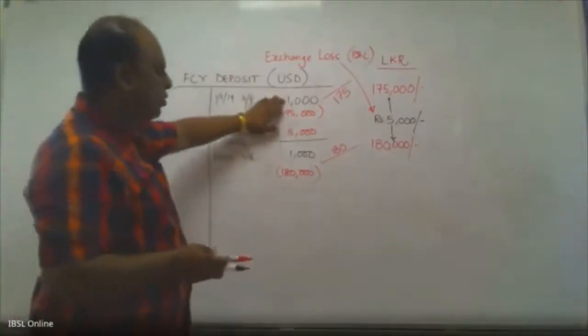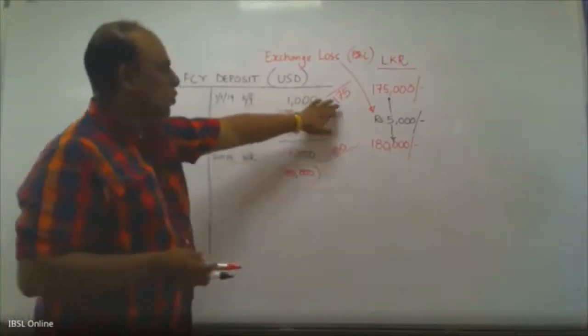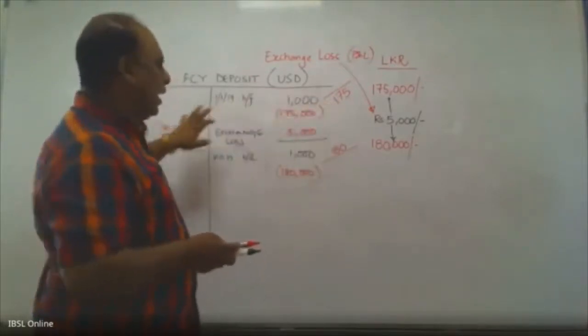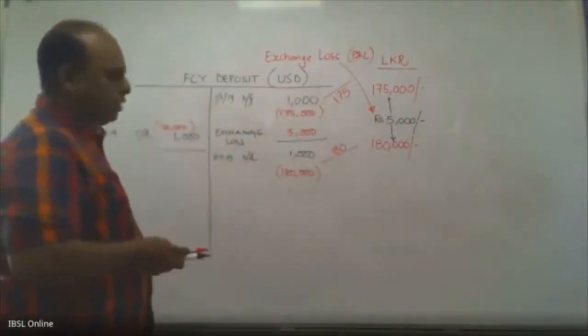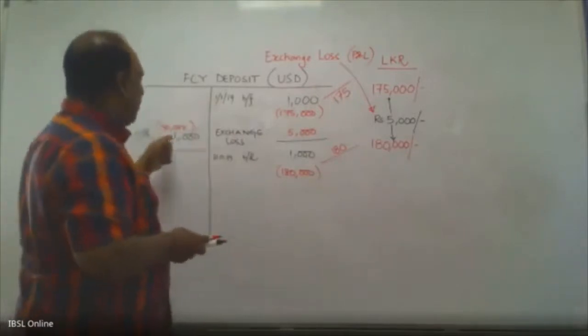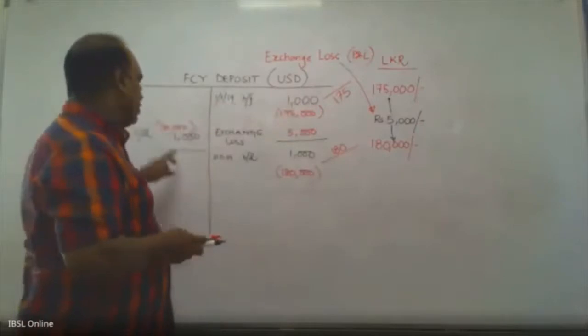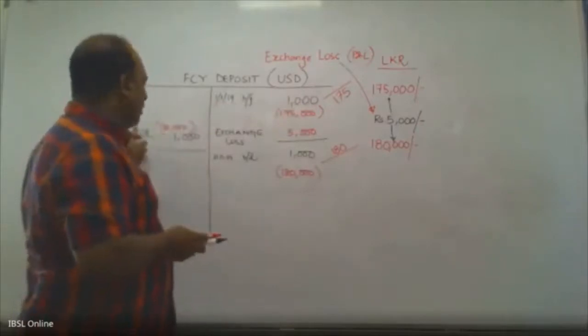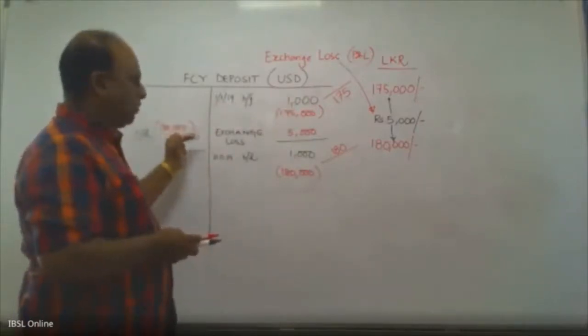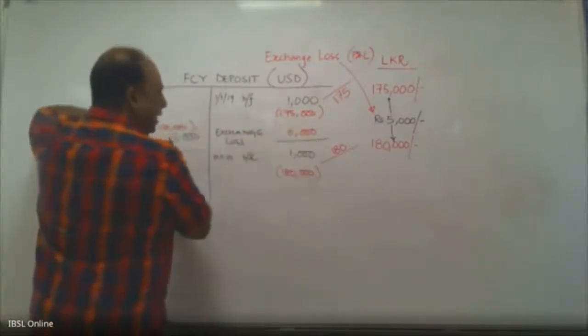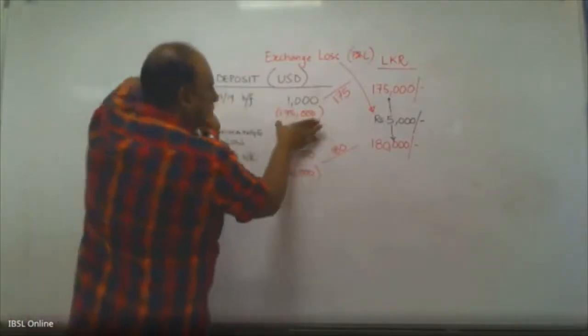That is how it arises. Brought forward is $1,000, so 175 means 175,000. At the year end also it is $1,000, the same amount, but the dollar rate has changed. It has gone up to 180, so I have 180,000 here. When I want to balance at this level, this side 180, but this side only 175.